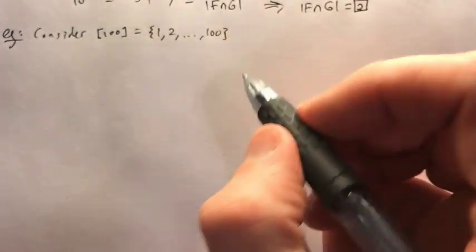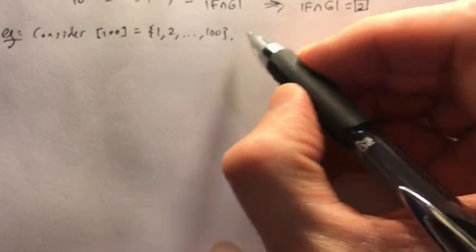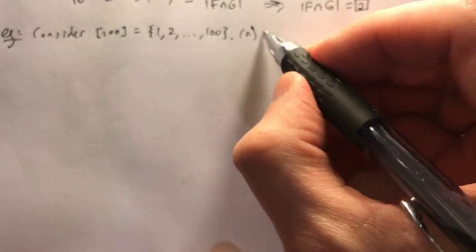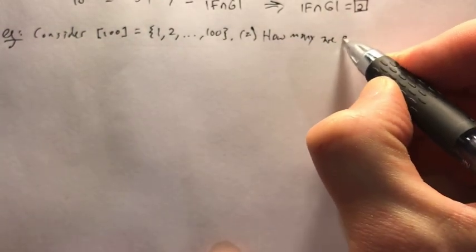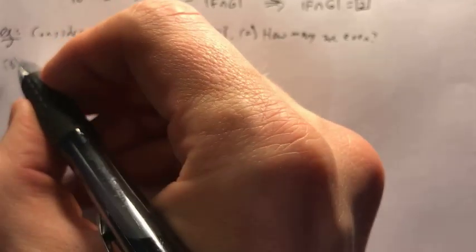So I'm just telling you what it means here. Consider the numbers 1 to 100, and I've got 3 questions. So question part A, how many are even? Part B, how many are multiples of 3?